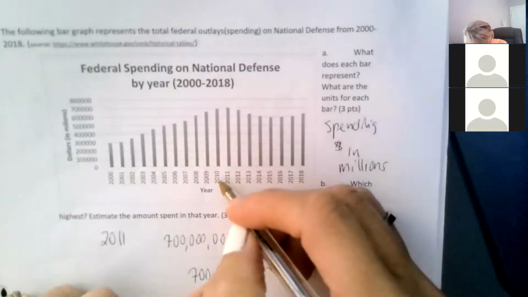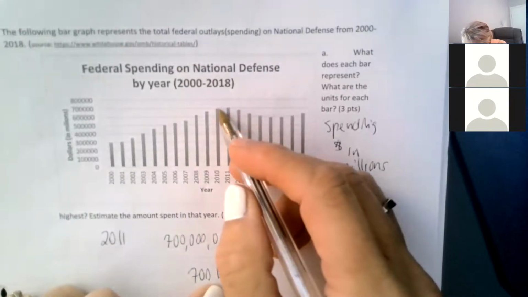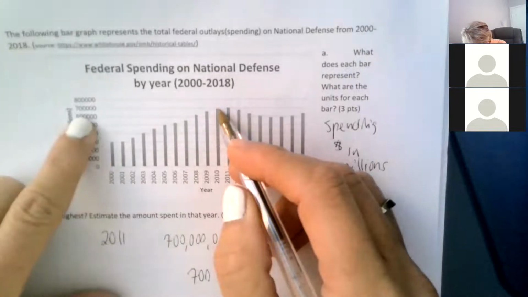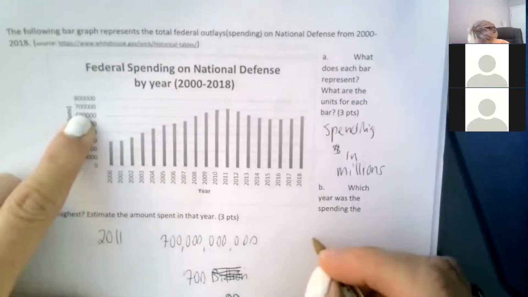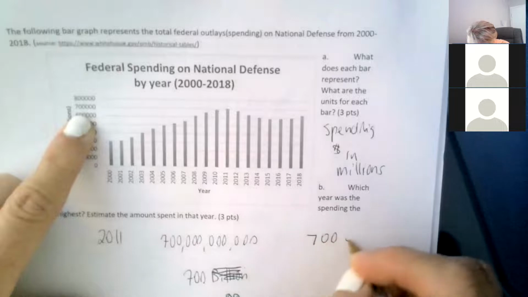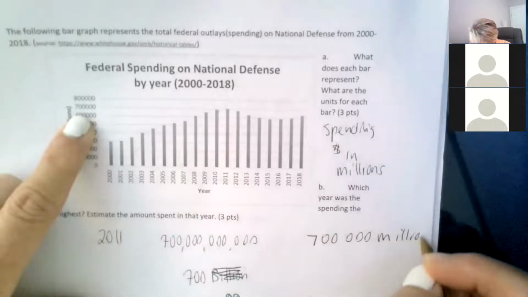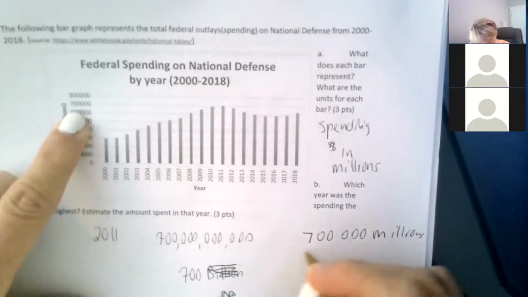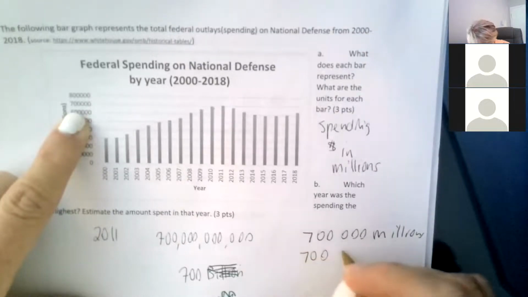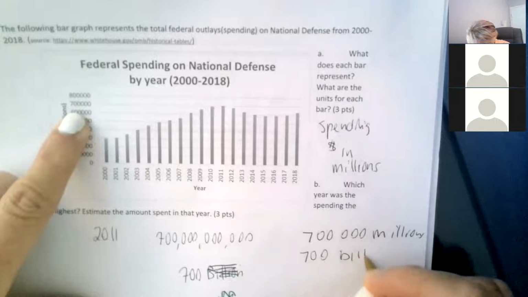So if you estimate 2011, you would be just under this. So you would either write this and write millions, right? Or you could write 700 and then just write the word billions.